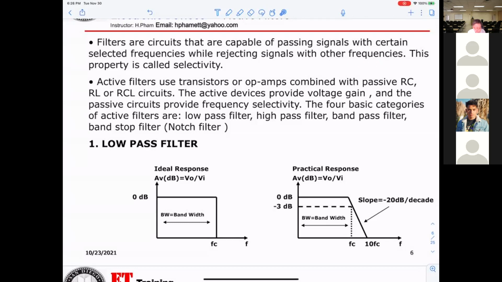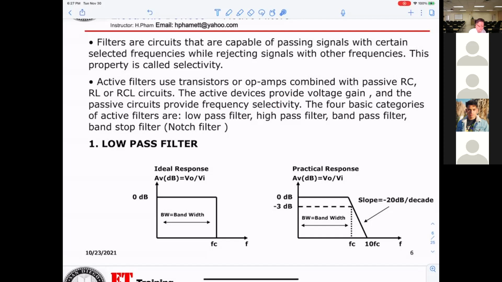This is properly called selectivity. So basically a filter allows a certain frequency to pass and blocks another frequency. An active filter is a transistor or op-amp combined with RC, RL, or RLC circuits. The active device provides voltage gain and the passive circuitry provides frequency selectivity.